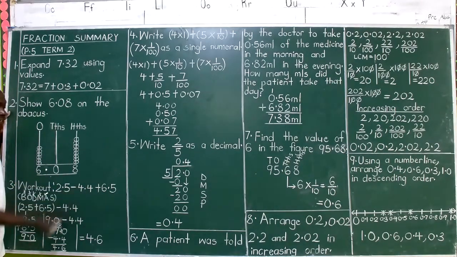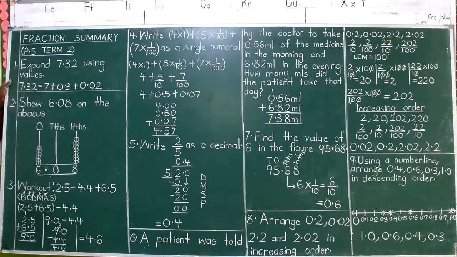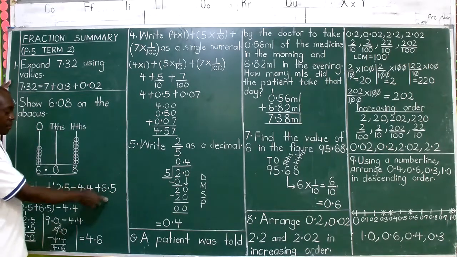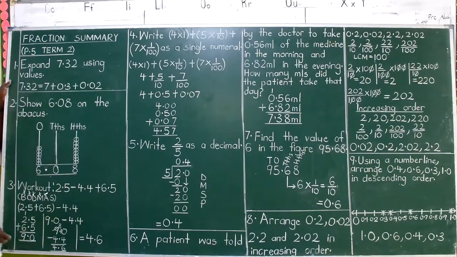So 6.5 is the one that's going to be added. So write 2.5 plus 6.5, then later you subtract 4.4. You add these two first. The minus comes last, because of BODMAS order.